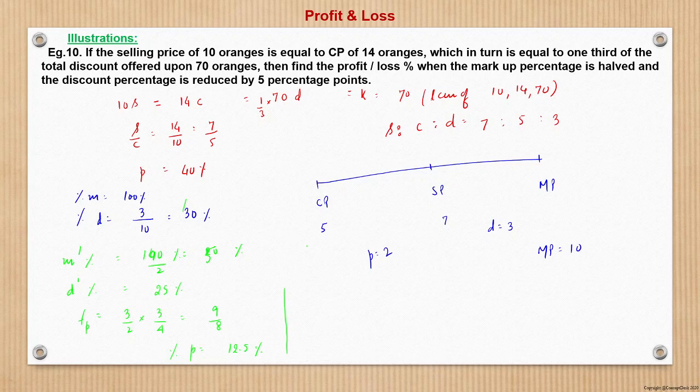Or here you could also have done it pictorially. Say CP remains the same as 5. Now markup is 50%, so marked price becomes 5 plus 50%, which means 7.5. And discount is 25%, so 25% of 7.5.